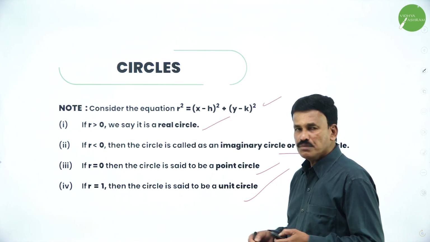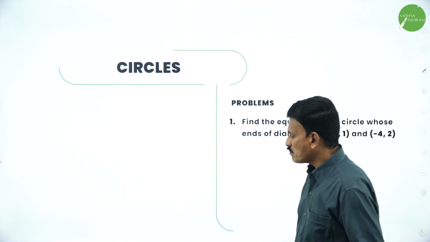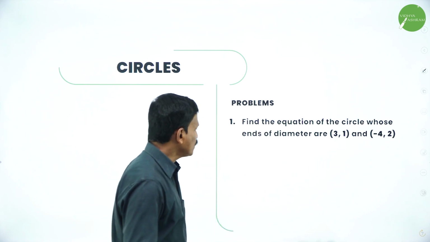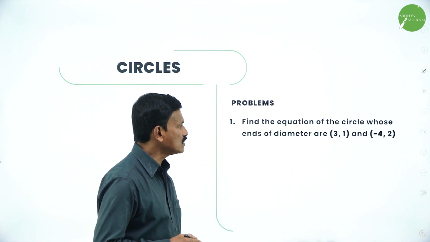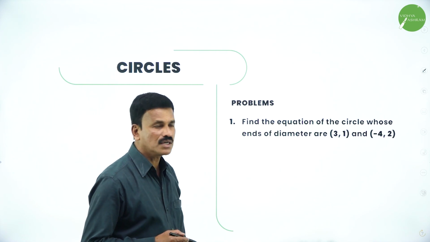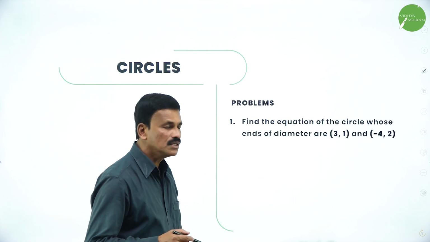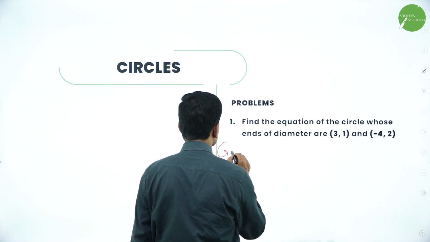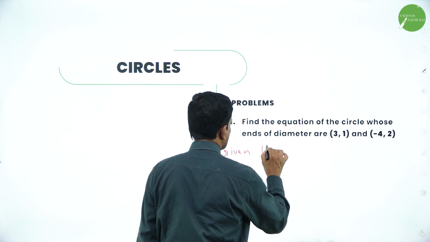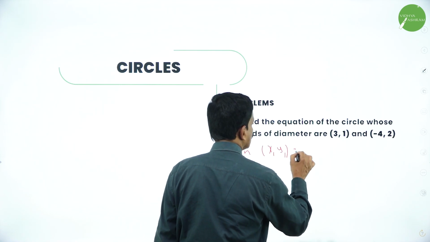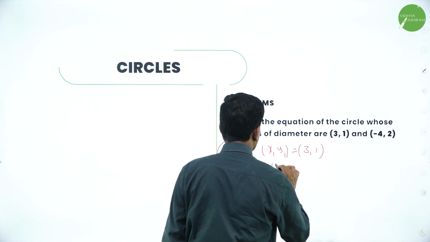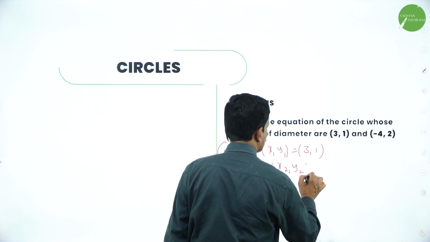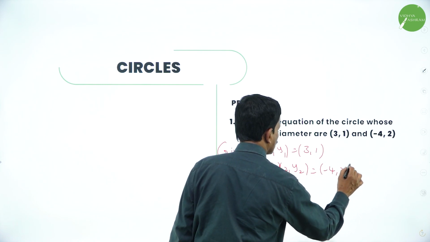Now, based on this, let us take a problem. Find the equation of a circle whose ends of diameter are (3, 1) and (−4, 2). Very simple. So, what is given? (x1, y1) is (3, 1) and (x2, y2) is (−4, 2).